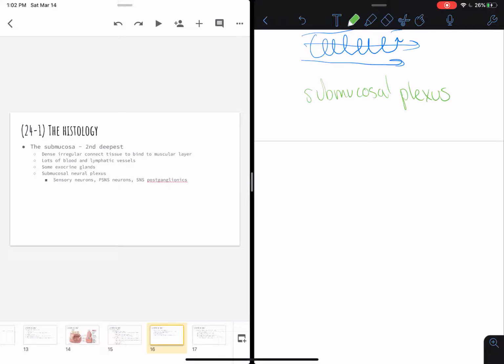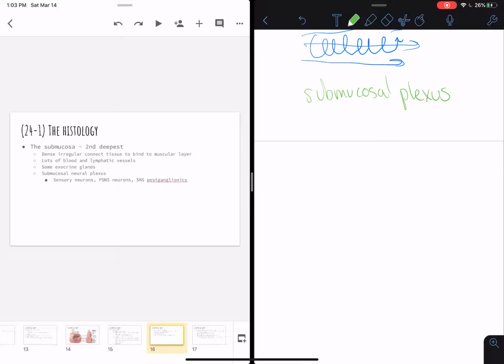So as the environment becomes really acidic or maybe really basic, or we have a hormone floating around, or we have some angry bacteria and we need to call on the immune system, the submucosal plexus is going to be one of the first that responds, which makes sense because this is the second most close to the contents of the lumen of the tube. So they're going to be the first ones that even sense that there's any bad things happening in the tube of the GI tract.